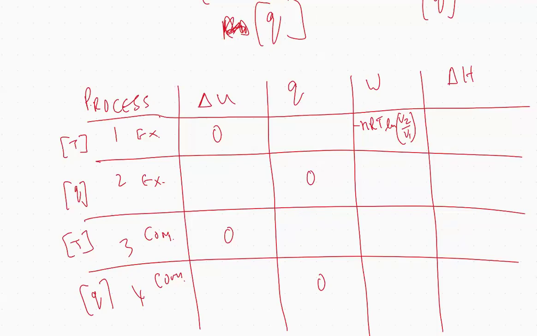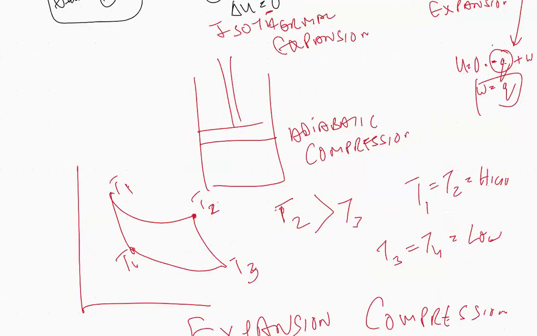Then when you come the other way, in the adiabatic process, the work is given by n Cv times T low, which is the final stage here. T1 and T2 are the same because it's isothermal, then T3.